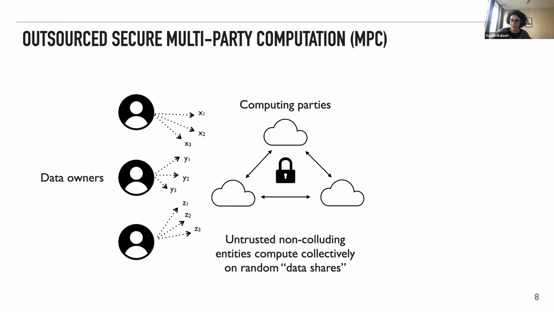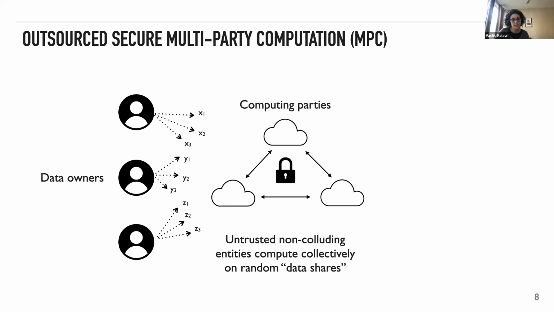The way this works on a high level is that data owners take their data, split them into random data shares, distribute those shares to non-colluding computing parties, and then these computing parties follow a cryptographic protocol and collectively compute on their random shares any function without ever learning anything about the original data or intermediate data.